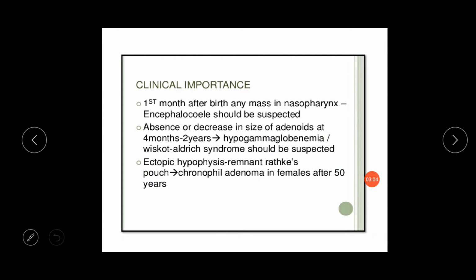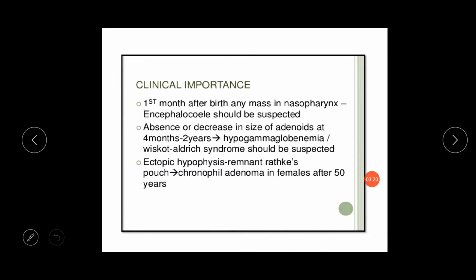Clinical importance of adenoid: if a patient has any mass in the nasopharynx during the first month after birth, it can be an encephalocele, as adenoids are usually not present at that time.